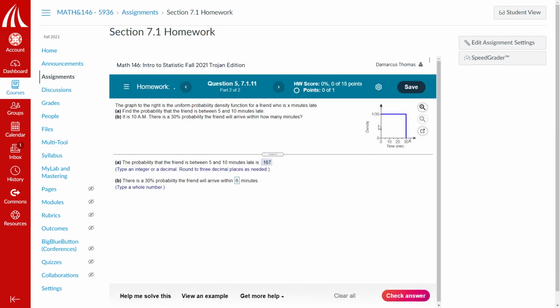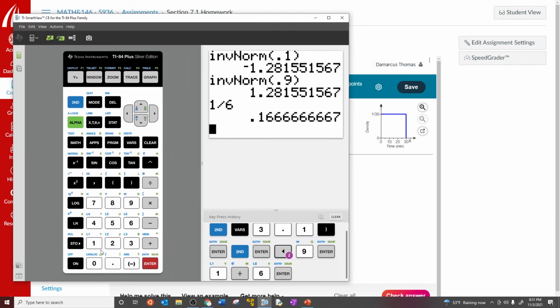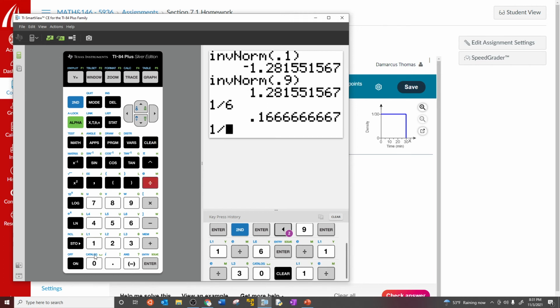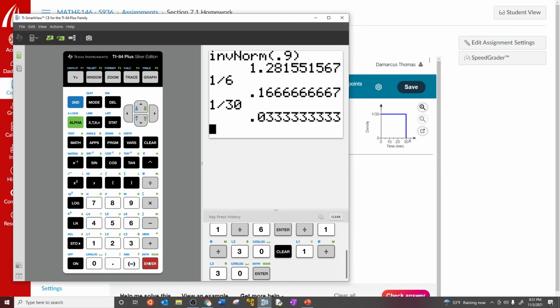All right, let's do some math on that. We got 30% is 0.3, and one 30th, .033.